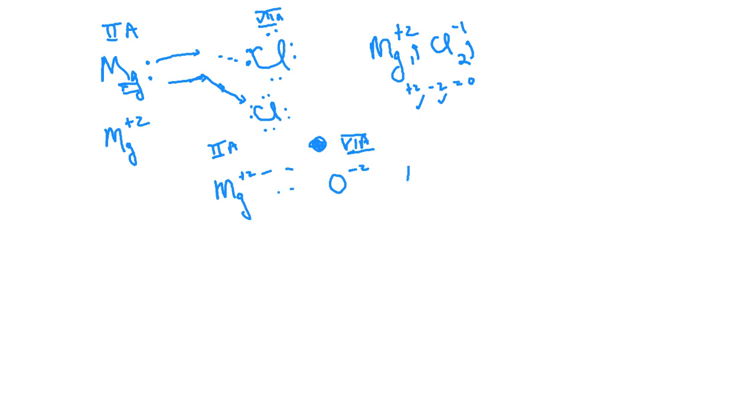You see, I just need a 1 and a 1. So the formula we'd write just as MgO. And the name would be magnesium, the name of the cation, take the root of the anion, ox, and add the ending IDE.